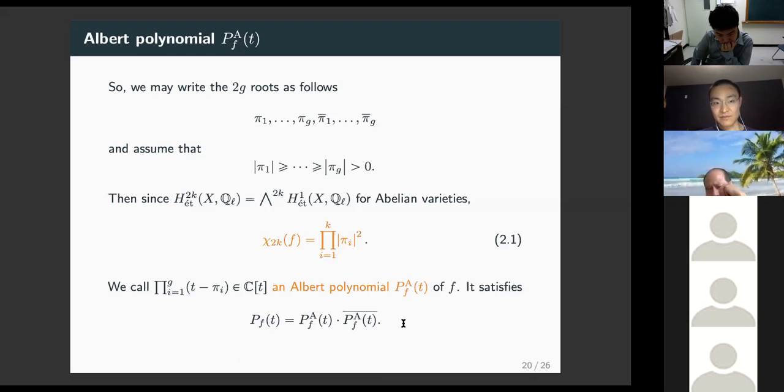If X is a complex abelian variety, then we have two representations of this F: one called the analytical representation, and another the rational representation. Consider the induced map of this F on the universal cover and also on the lattice. So we have two representations. This one corresponds to the analytical representation, and this one corresponds to the original, the rational representation.